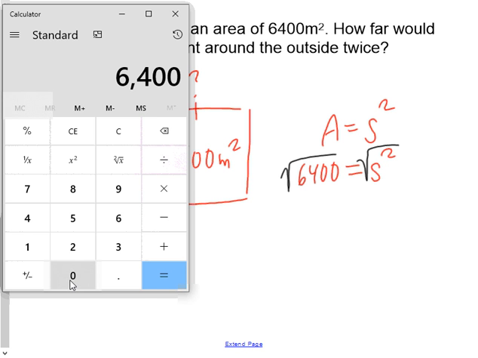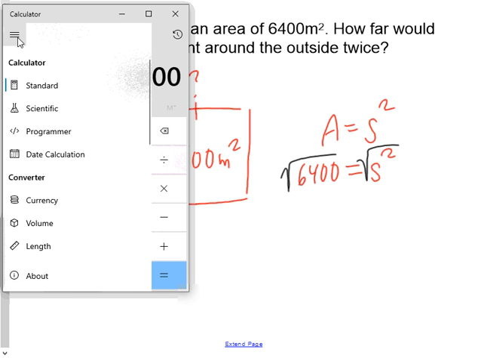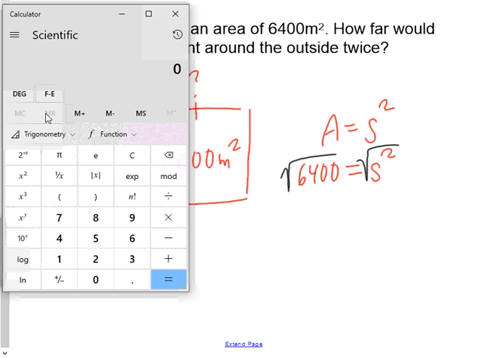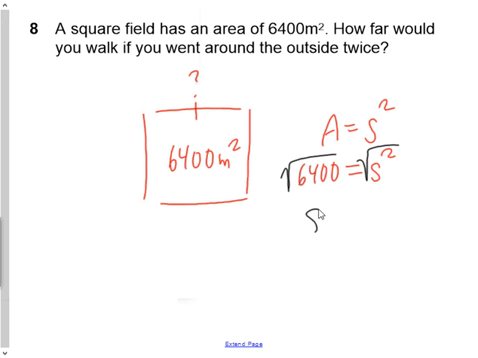I'm going to go second function, square root, 6,400, and it tells me it's 80. So the square root of 6,400 is 80, the square root of s squared is s, and therefore the side length is 80.